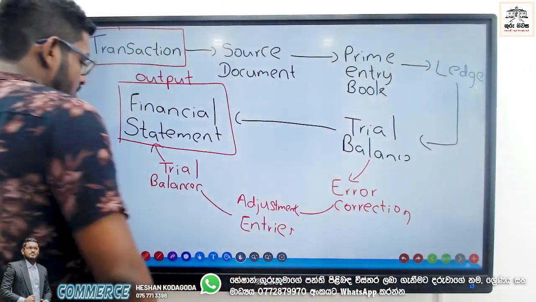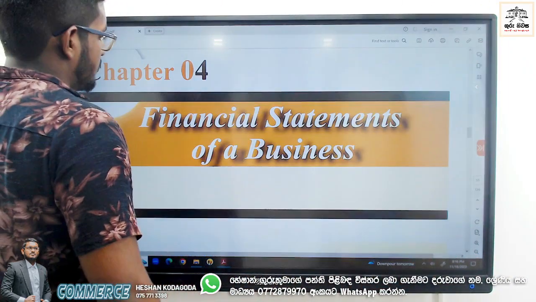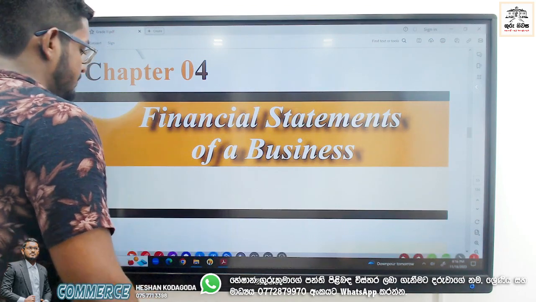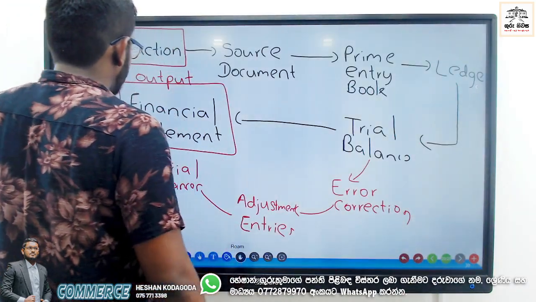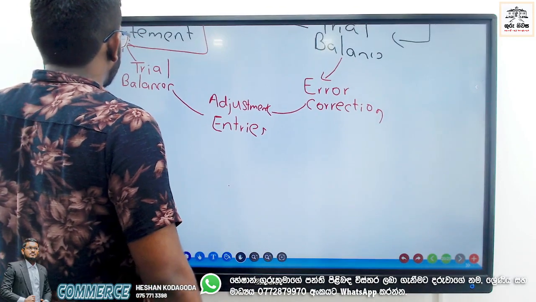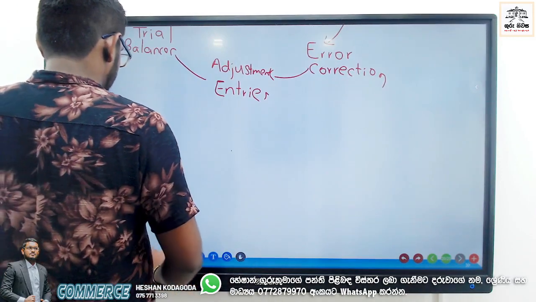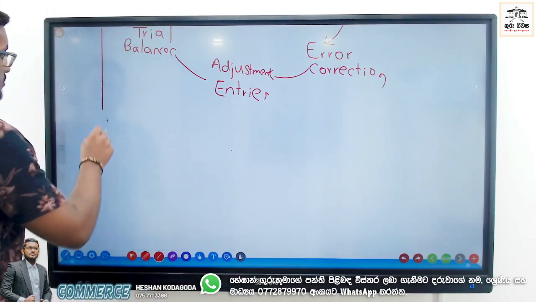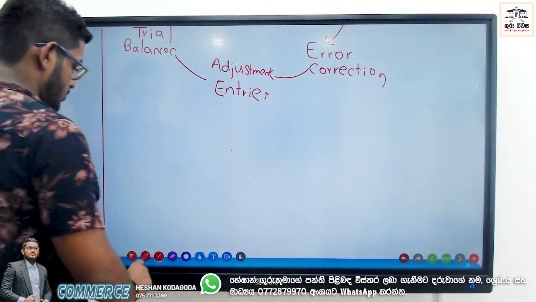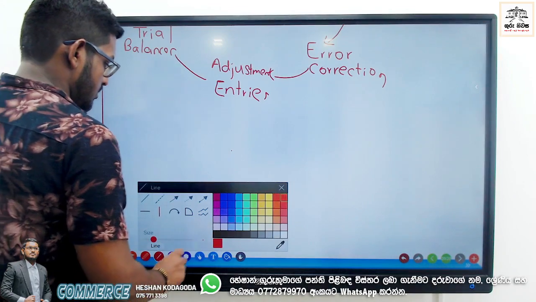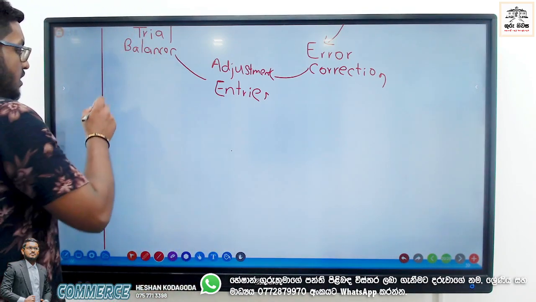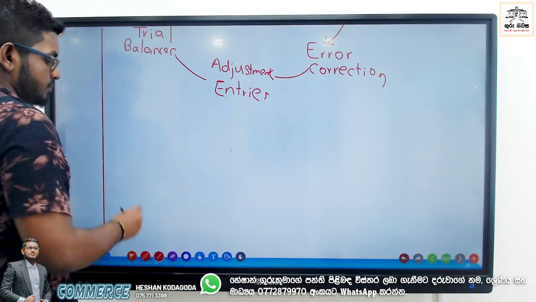Before moving to the textbook, there are a few important things for you. When we concern ourselves with financial statements, I'm going to expand this one. I'm going to write the first bullet point.